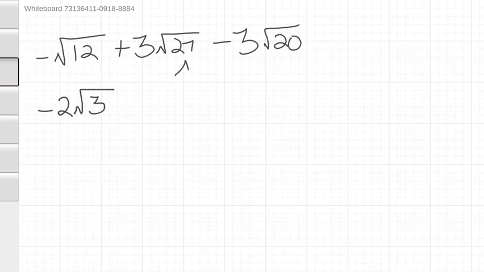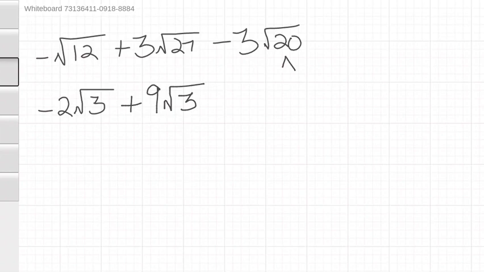27 isn't simplified either. It can be broken down to 3 and 9. Circle our primes. We'll see that there are 3 3's, but we'll bring one of them to the outside. So now we'll have 9 square roots of 3. 20 isn't simplified either.